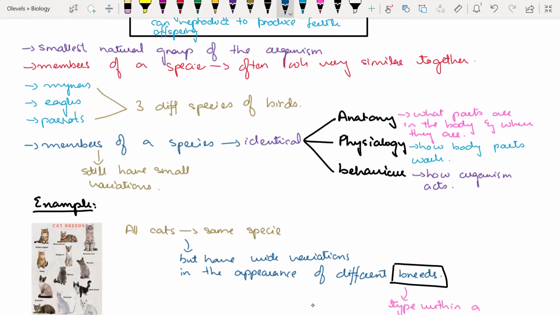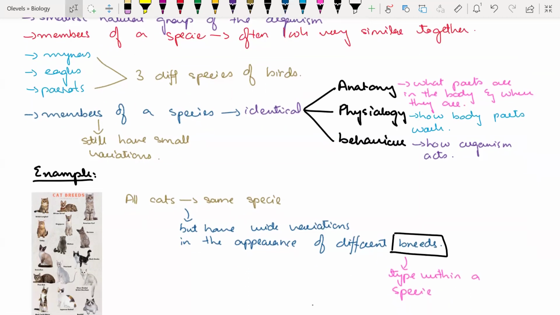Members of a species are normally identical in anatomy, physiology and behavior. Anatomy relates to the parts of the body and where they are situated, while physiology deals with the function of those body parts, and behavior shows how organisms act.